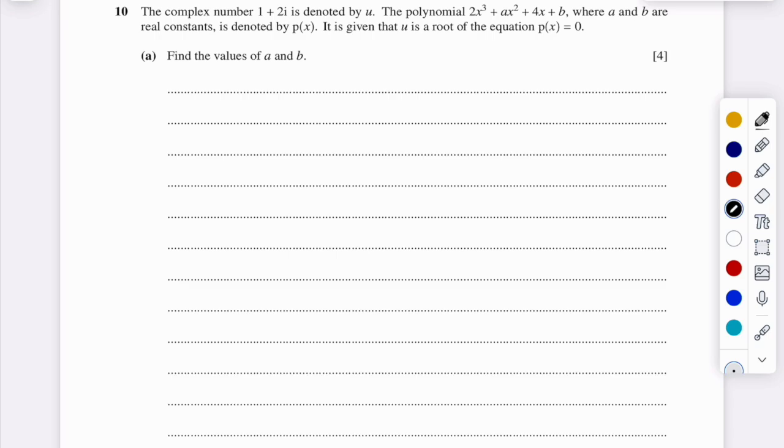Well, I can say this. As p of 1 plus 2i equals 0. And why have I said that? Because u is a root. Okay. U is a root.